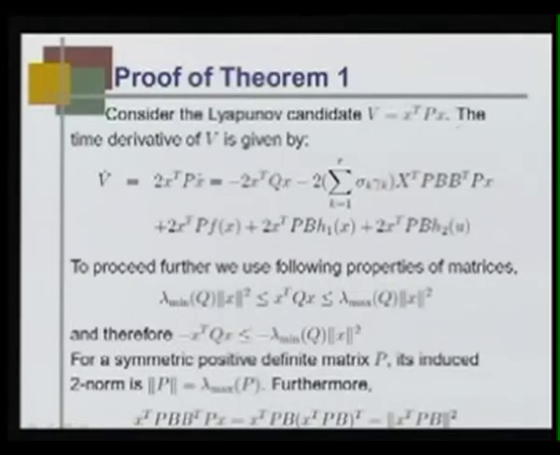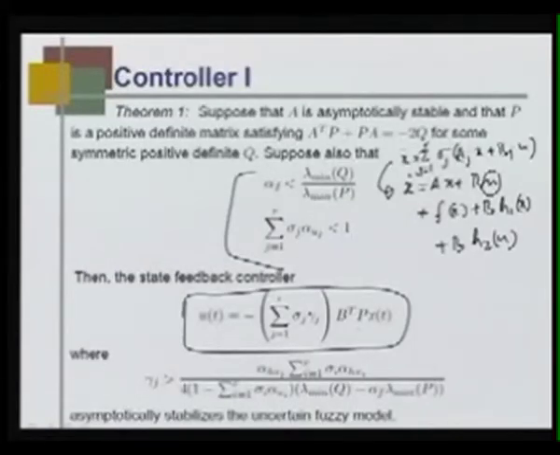The time derivative of V is V dot equals 2 x transpose P x dot, and my x dot, as I have already told you, is A x plus B u plus f x plus B h 1 x plus B h 2 u, and u we have already defined.